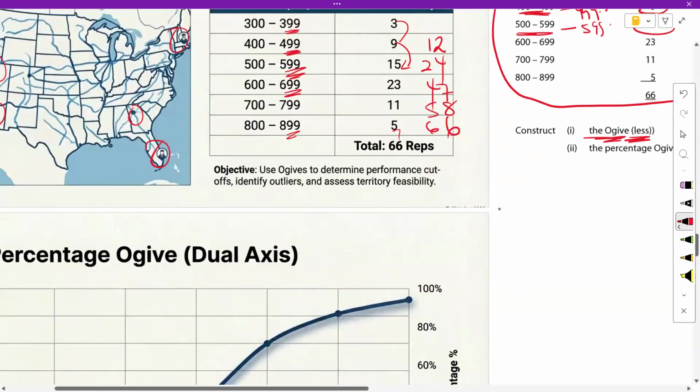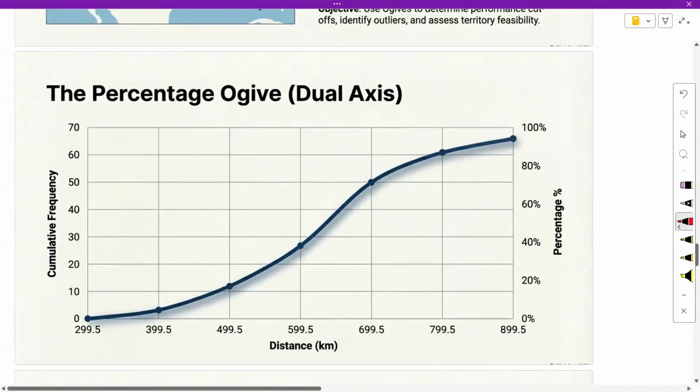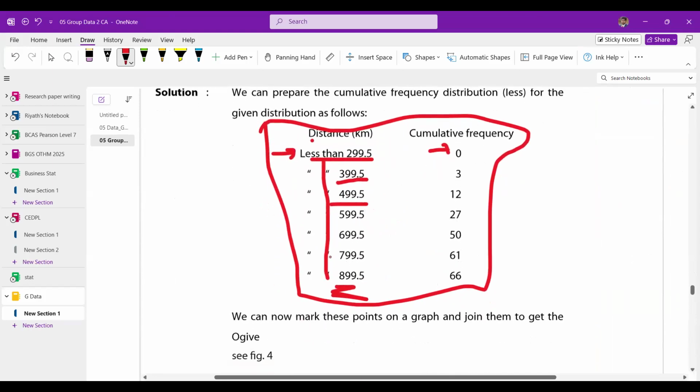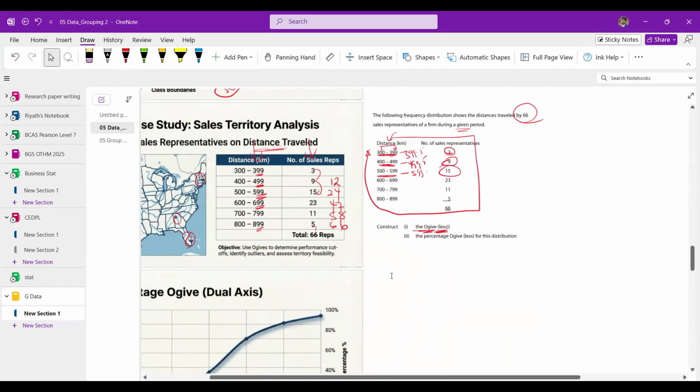So this is the Ogive distribution. We made some mistakes, so we will find where it is. Let's see here.